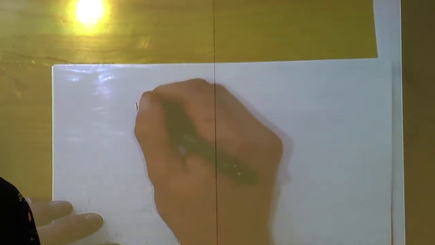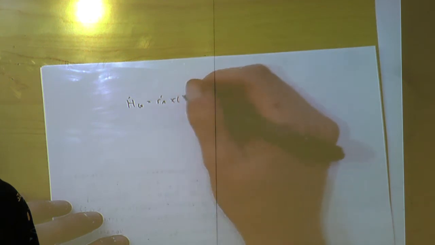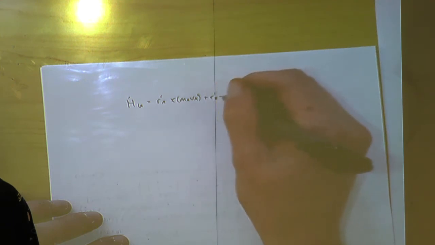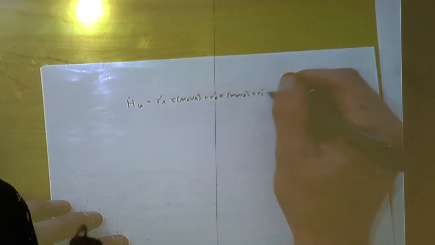And I'll flip it over. HG is equal to R prime A cross the MAVA plus RB prime cross MBVB plus RC prime cross MCVC.